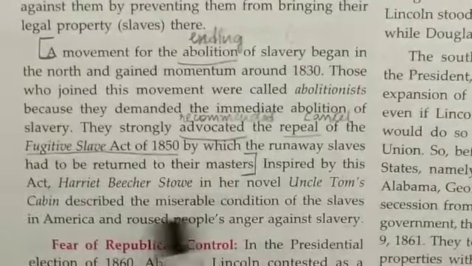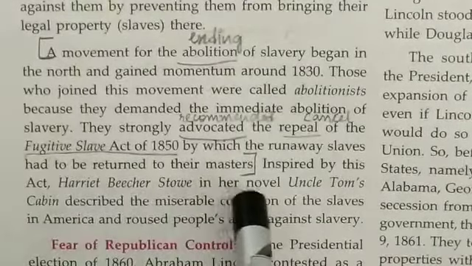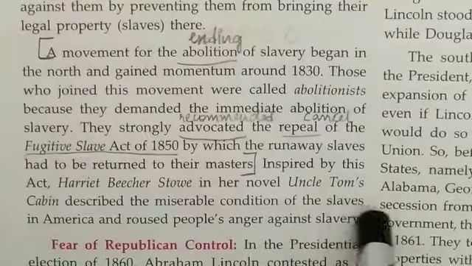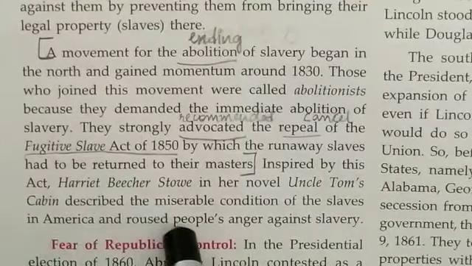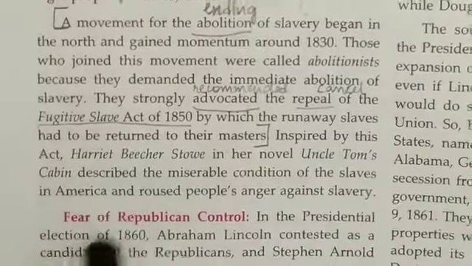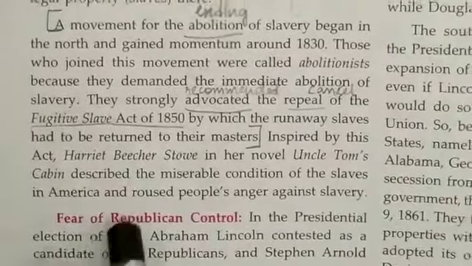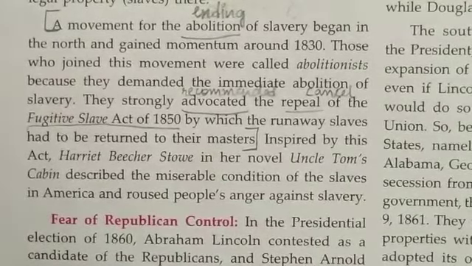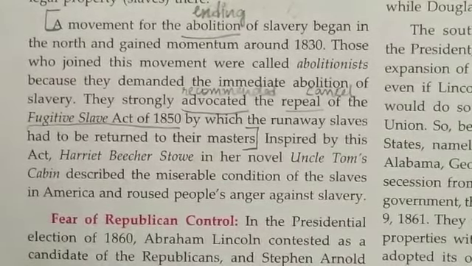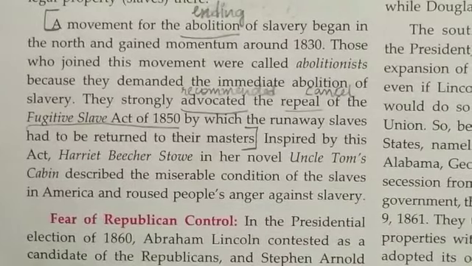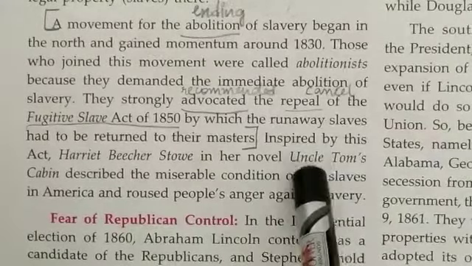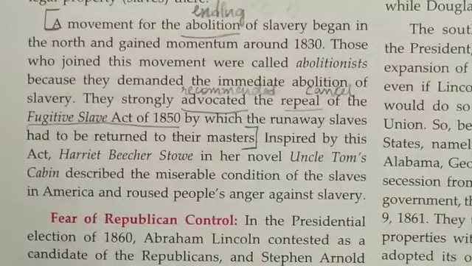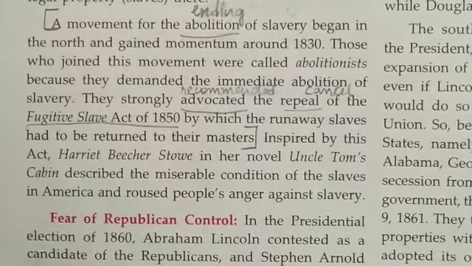Inspired by this act, Harriet Beecher Stowe, in her novel Uncle Tom's Cabin, described the miserable condition of the slaves in America and roused people's anger against slavery. So there was a writer, Harriet Beecher Stowe. She described the terrible condition of the American slaves in her novel Uncle Tom's Cabin, how they were badly treated in America.